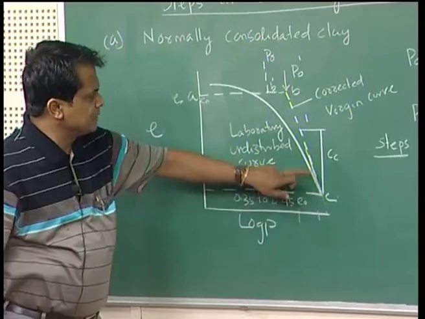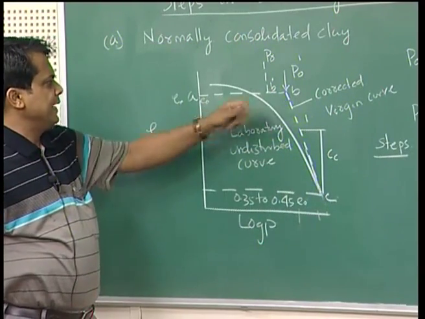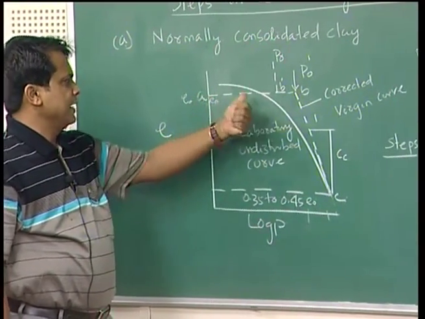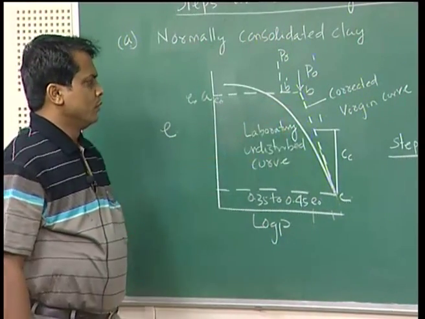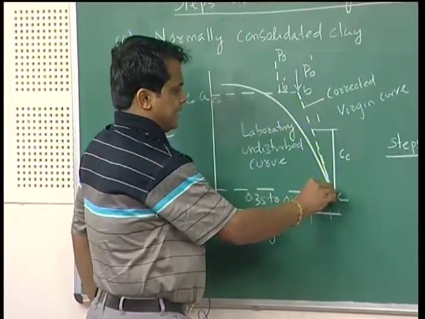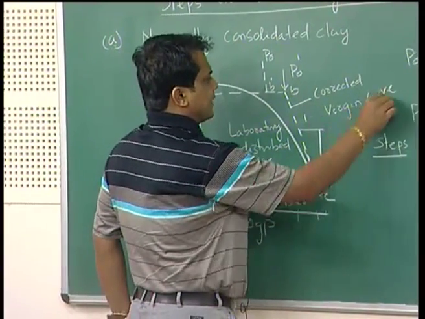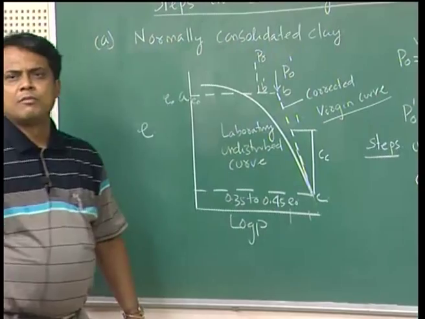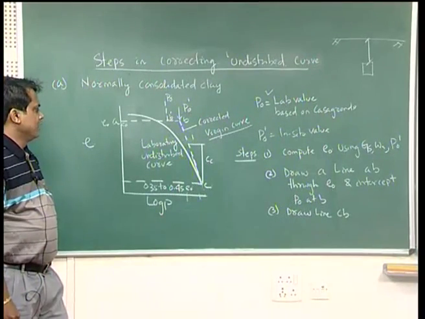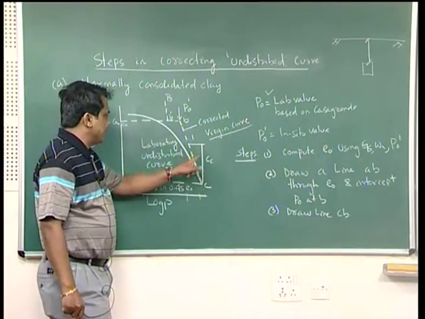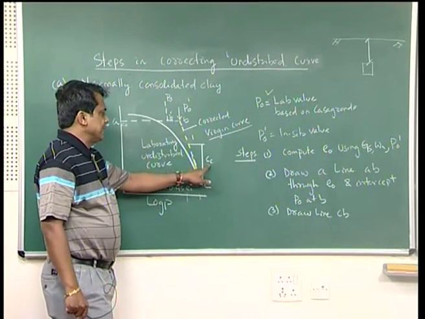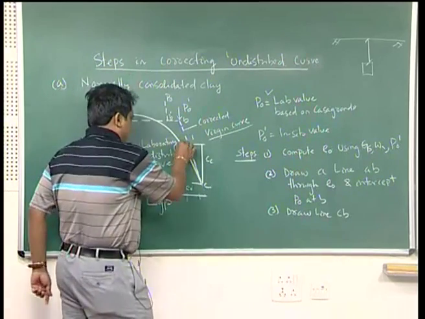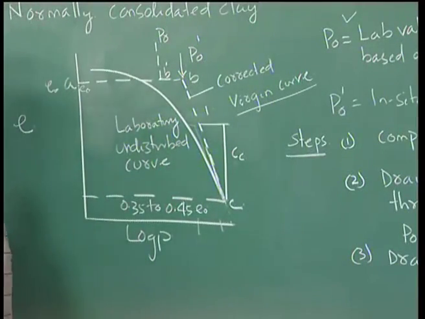The tangent has been extended, so it intercepts AB prime at point B. So your B and C is your corrected virgin curve for the field. Whatever Cc you get from this is your true Cc representing your field condition, but whatever you got earlier is your Cc related to your laboratory test.